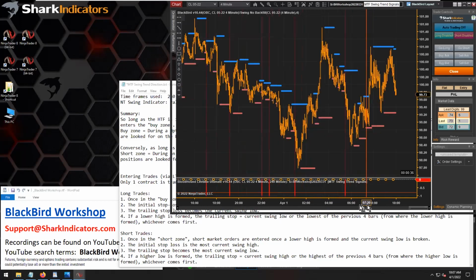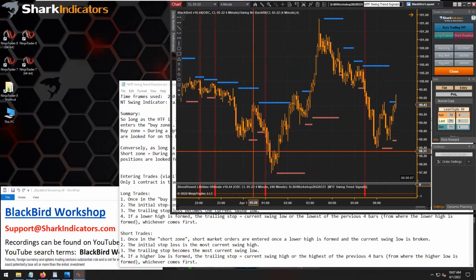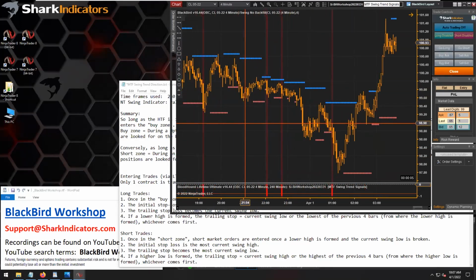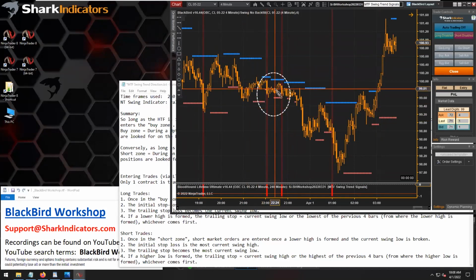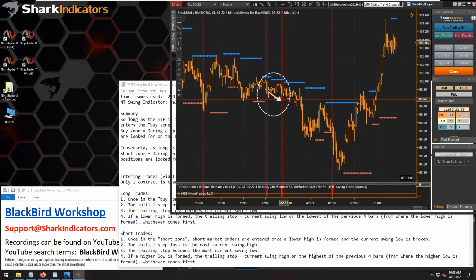We do have a bunch of short signals here. Let's take this area right here, for example. We have 2 shorts. We get into a short position, and then another trade signal comes along. The point I was getting to is that BlackBird and Raven will automatically ignore any additional trade signals that come in if it's already in a trade.